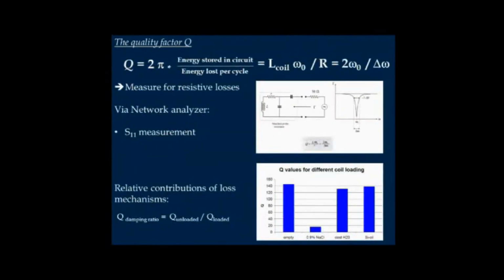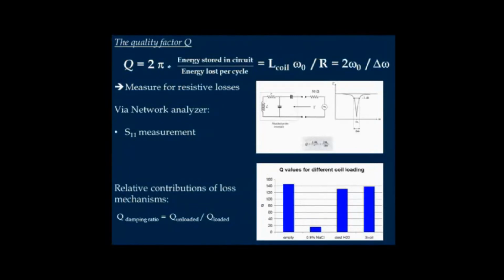Now, how to judge the quality of your coil? Of course, the ultimate experiment to test your coil is your experiment itself. But to get an idea, once you just have it on the bench, the quality factor is quite often used, which gives you the ratio of the energy stored in the circuit to the energy lost per cycle. This is rather easily measurable if you take a simple network analyzer and sweep through the frequencies.